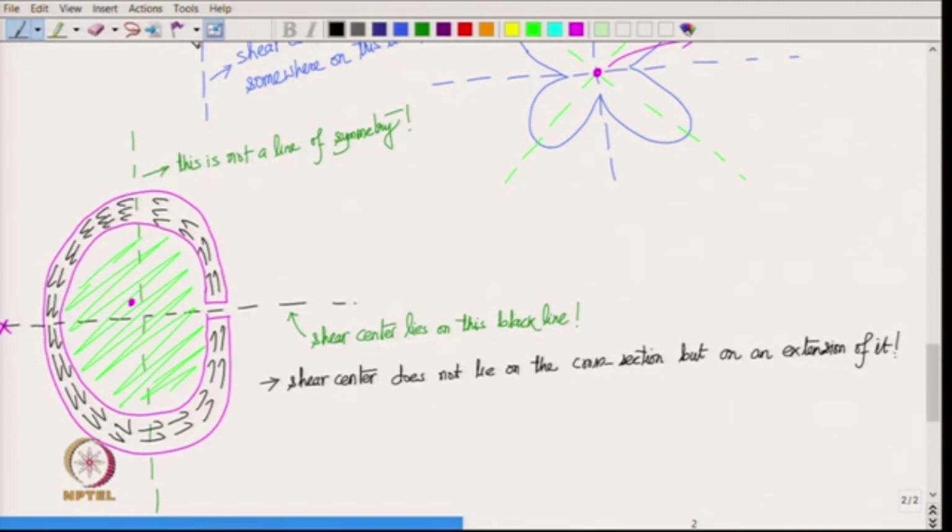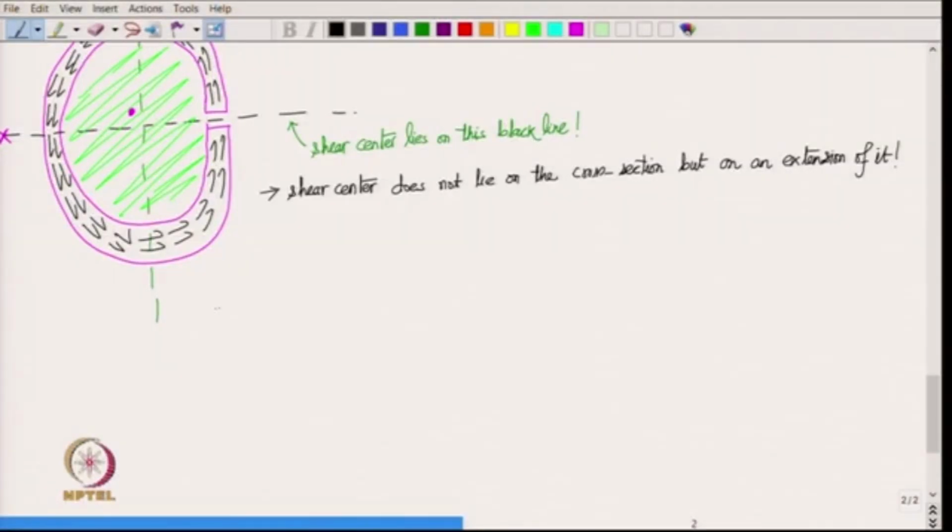So, if we have a beam with this cross section and I am applying a shear force and I want that the beam does not twist, then what should we do? We cannot apply the shear force on any point in the cross section, right. If we do that, then the torque balance is going to fail. So, in that case we have to have an extension of the cross section, right.